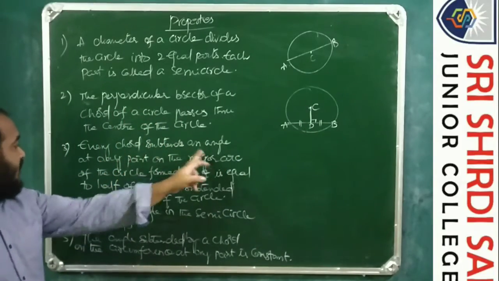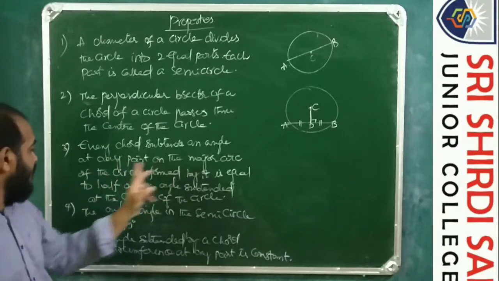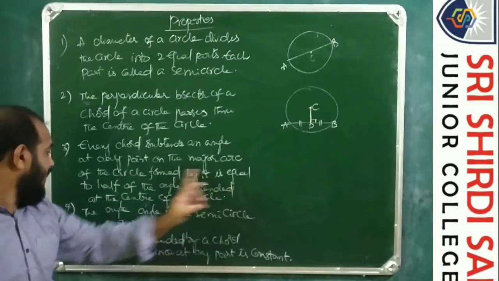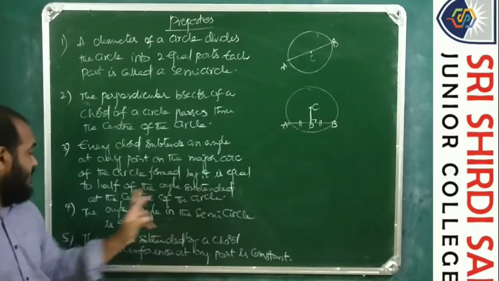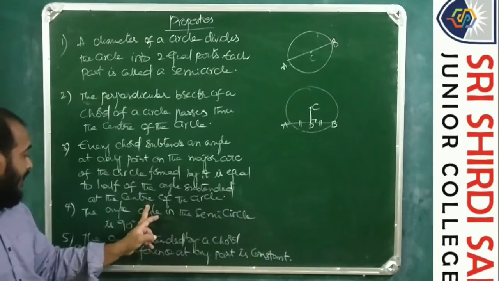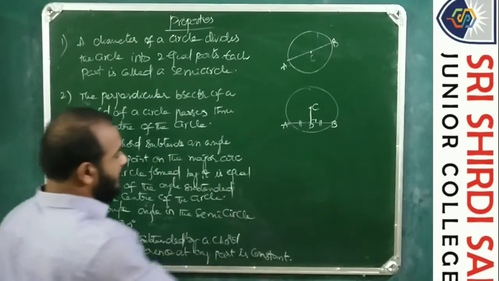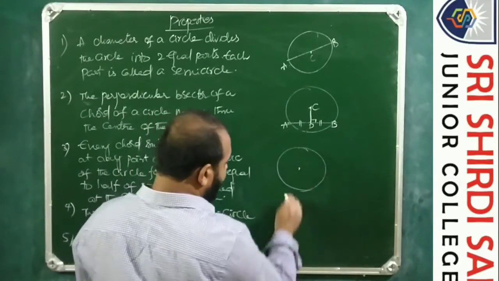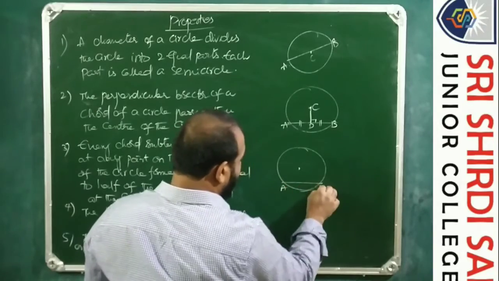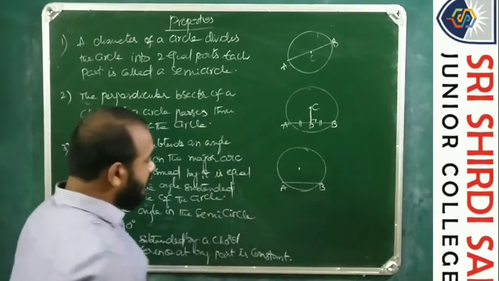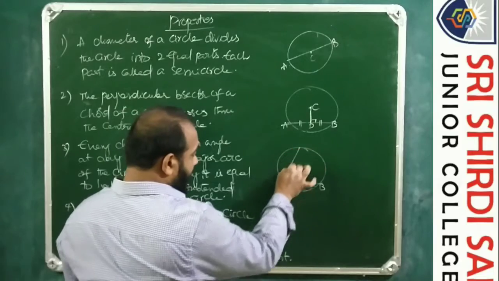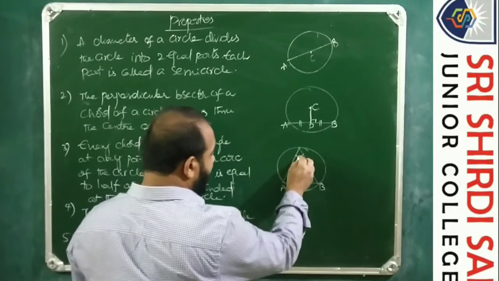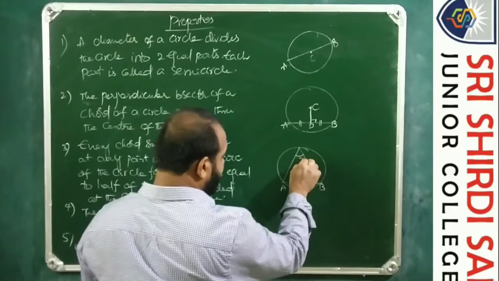Every chord subtends an angle at any point on the major arc of a circle, and this angle is equal to half of the angle subtended at the center of the circle. So let us suppose that this is the circle and this is the chord AB. Suppose AB subtends an angle of 30 degrees on the circumference.